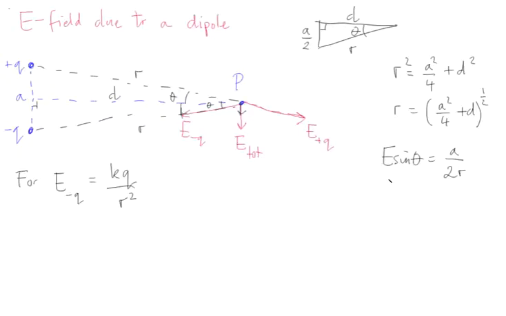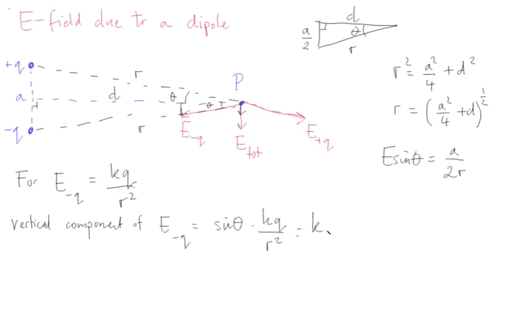So sine theta is a upon 2r. So the vertical component of the electric field strength due to negative Q is equal to sine of theta times kQ over r squared.